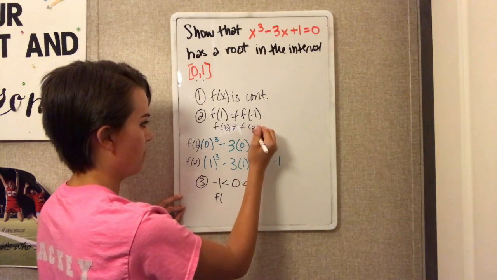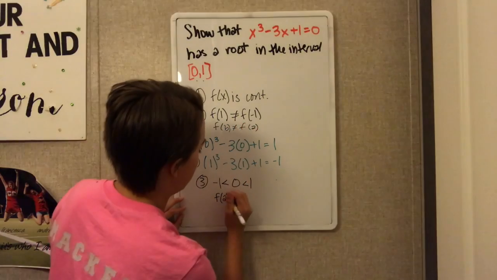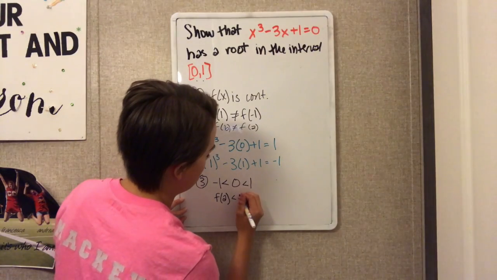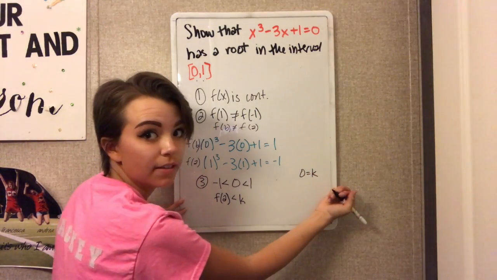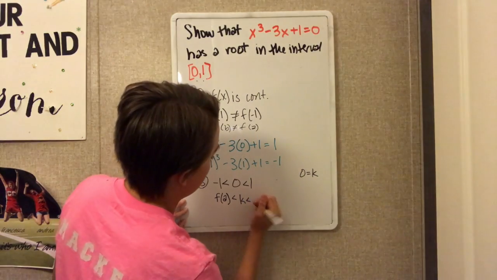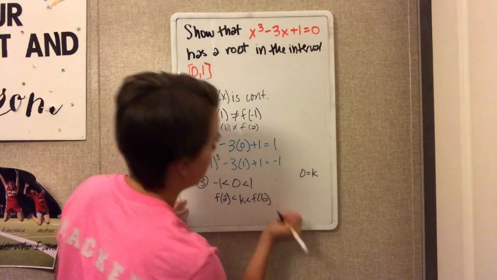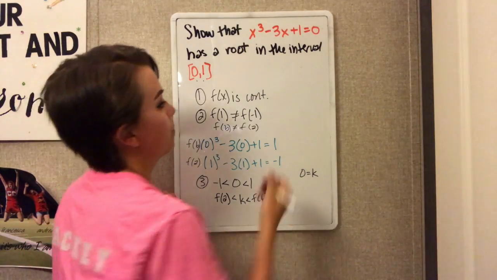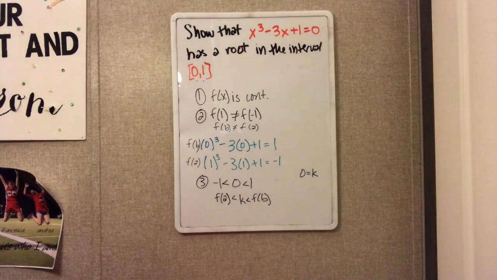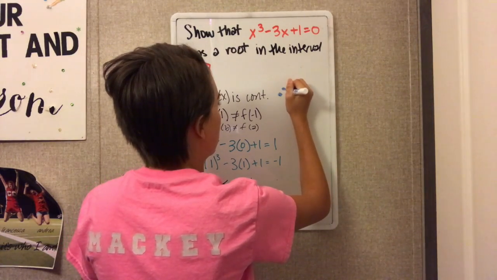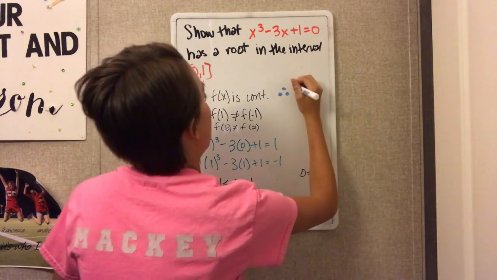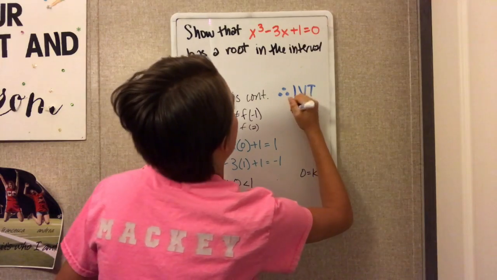So f of a is less than k, because 0 equals k, right? Because that's what we're looking at. It's less than f of b. Boom! Therefore, IVT holds.